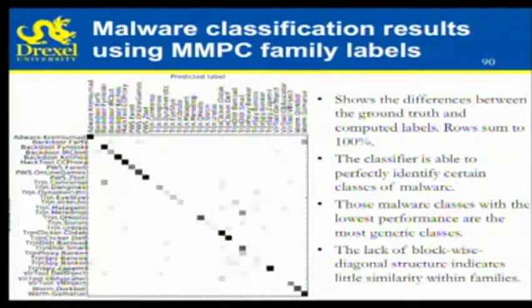A lot of it is because we're not perfect in the technique. Some of it is that a lot of these malware do the same sort of thing. Even though they have different names or belong to different families, they might both be botnets, and because they're doing botnetish things, the classifier can put them in different categories.